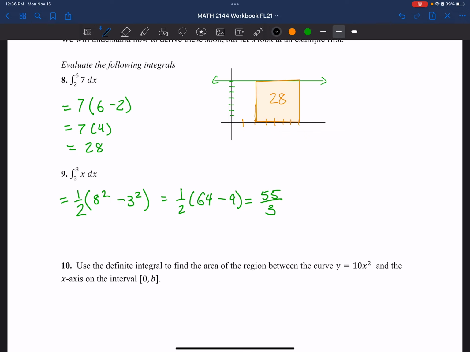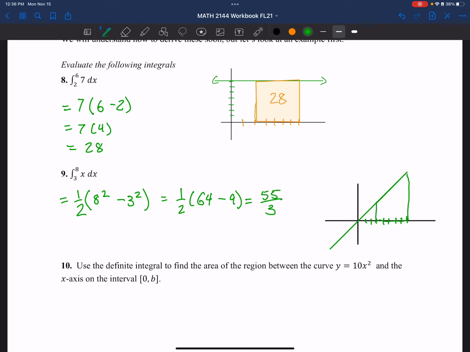Well, technically, it would be a trapezoid here, I guess. If you were doing it from 0, so just to see, what is this 55 over 2? If you were to sketch the identity function, y equals x, it looks like that. And we're considering from 3 to 8. So this, I guess, would be more trapezoidal.